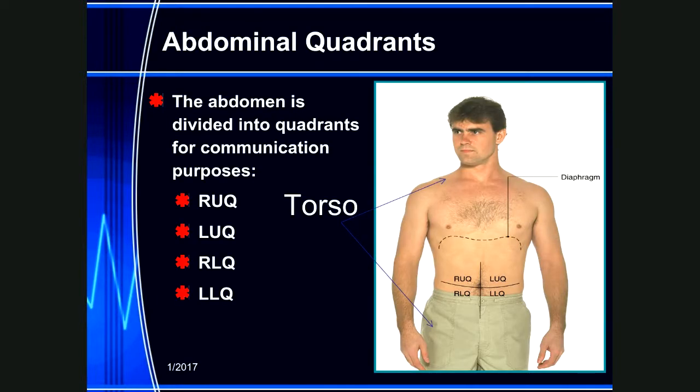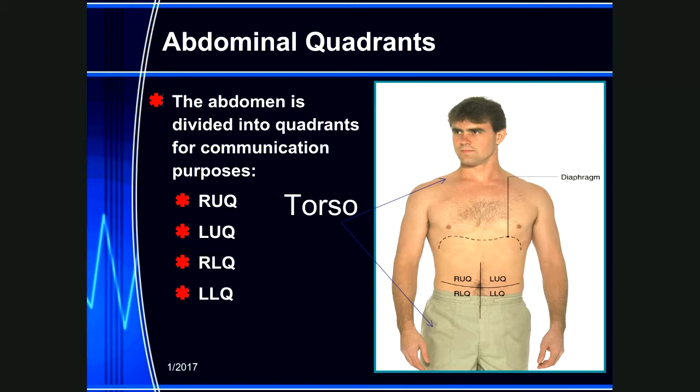We have 4 quadrants in the abdomen, and these quadrants divide the abdominal area and where certain organs are located. The 4 quadrants are the right upper quadrant, RUQ, the left upper quadrant, LUQ, right lower quadrant, RLQ, and left lower quadrant, LLQ.